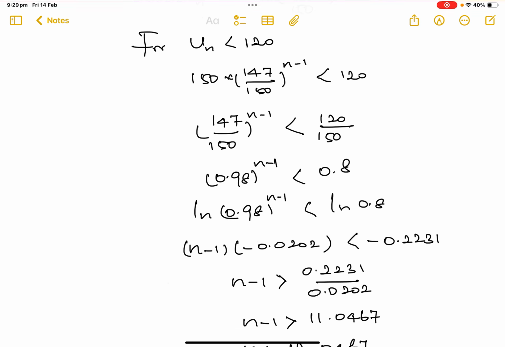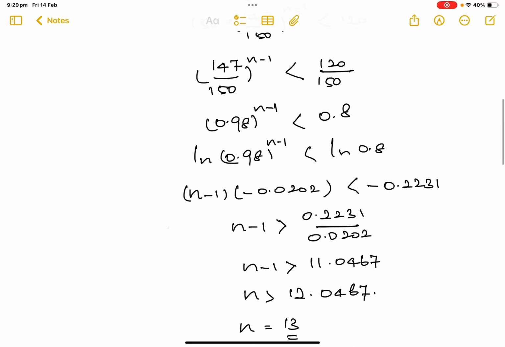So 147 over 150 to the power of n minus 1 is less than, cross multiplying, 120 over 150, that is 0.8. And 147 over 150 is 0.98. So 0.98 to the power n minus 1 is less than 0.8.